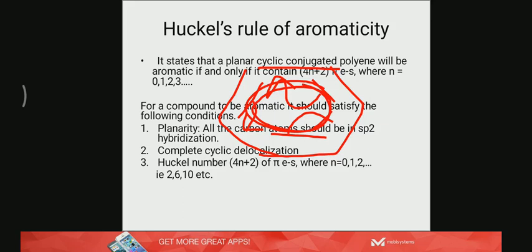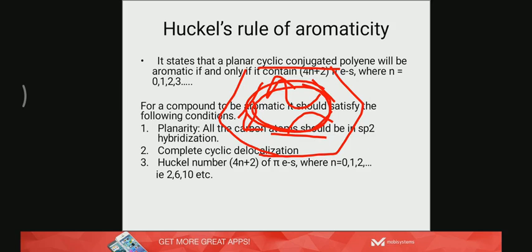And the third condition is, even if the compound is planar and it has complete cyclic delocalization, still for the compound to be aromatic, it should satisfy the Hückel number.